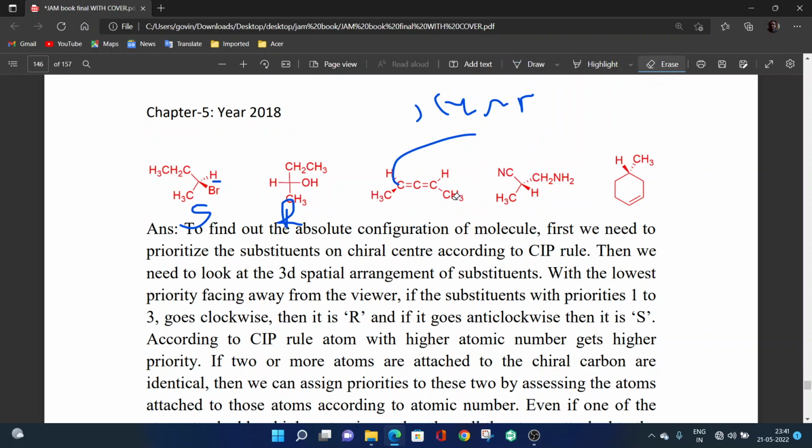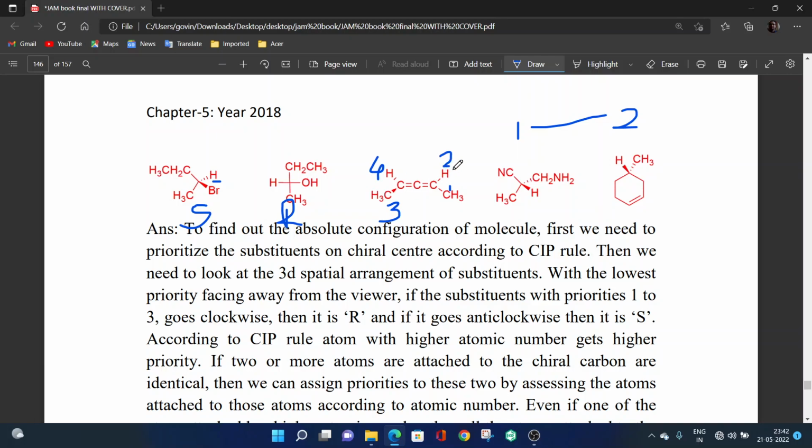So let us look at them. Between CH3 and H, of course, CH3 will get first priority and hydrogen gets second priority, and here 1, 2 is done. Now here 3 and 4 we have to write. CH3 gets more priority, hydrogen gets less priority, so it is 4. Now we have brought it here, so we will write it like this. This left side is 1 and 2, right.